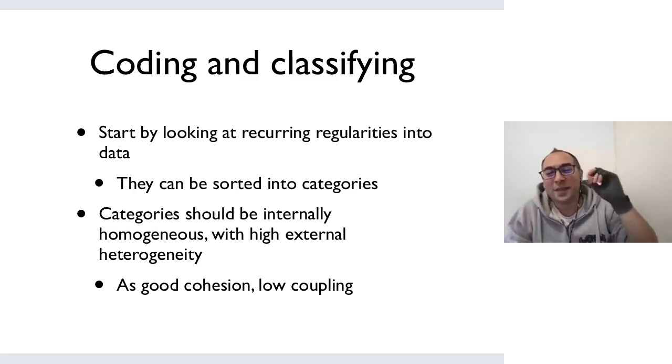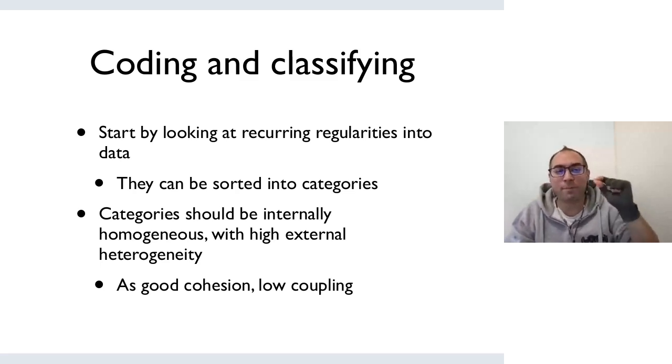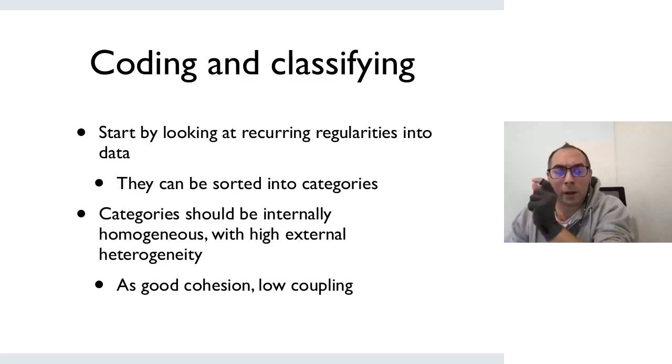Anyway, coding is the process of recurringly looking at the data and labeling the data itself. Every piece of text is a data point. The process of identifying the minimally labelable increment of data, that process is called microanalysis.